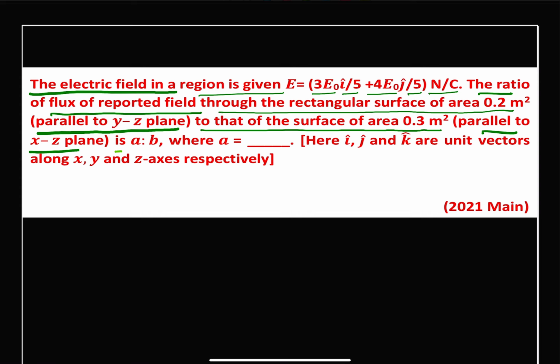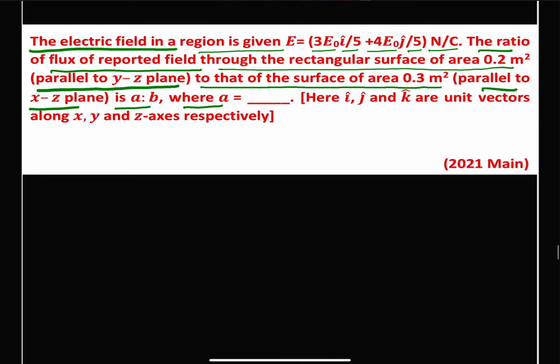Then the value of A is... Here we are given the electric field, which is (3/5)E0 i unit vector plus (4/5)E0 j unit vector, and we have two surface areas.